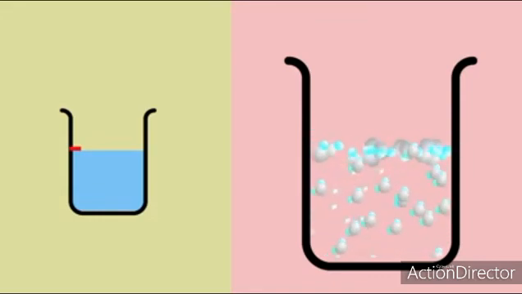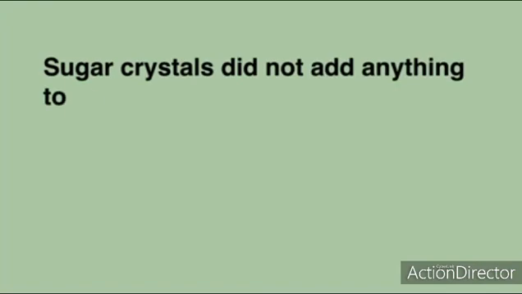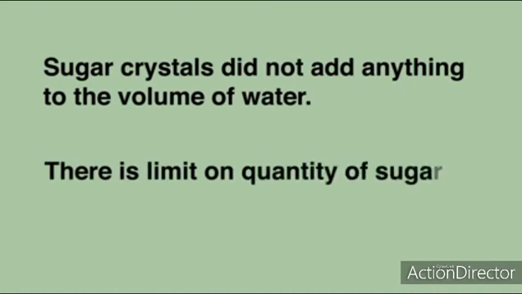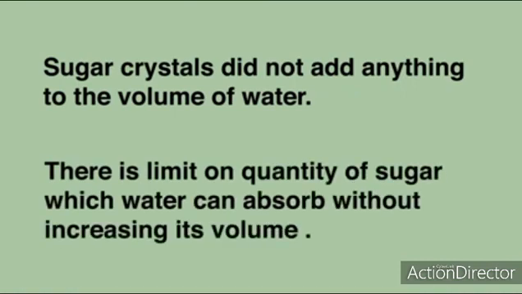Therefore, we can say sugar crystals did not add anything to the volume of water. But there is a limit on the quantity of sugar which water can absorb without increasing its volume. And this is true for all matter.